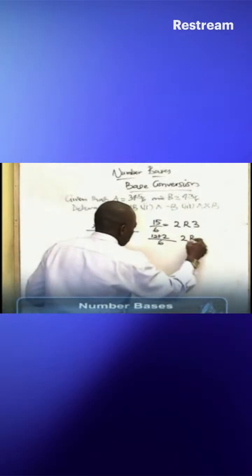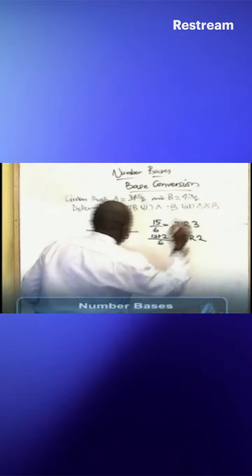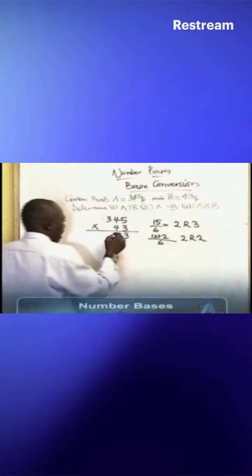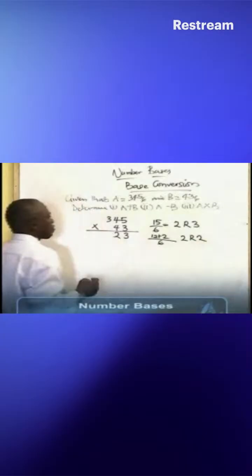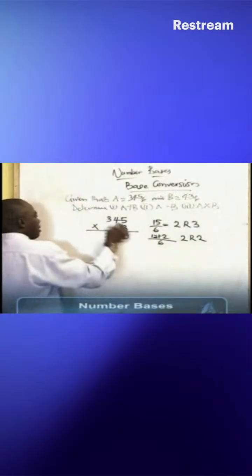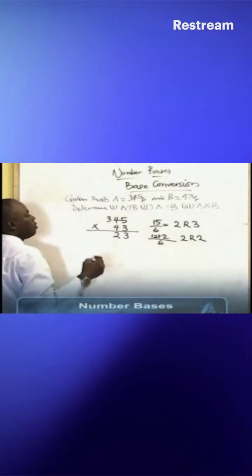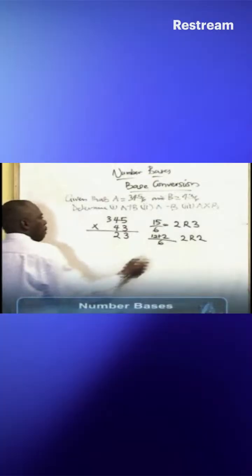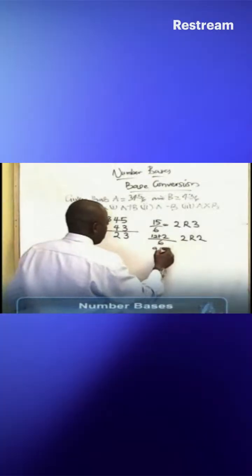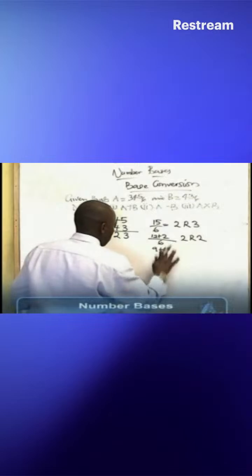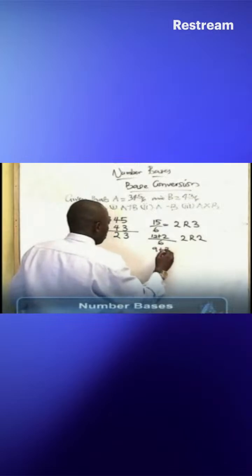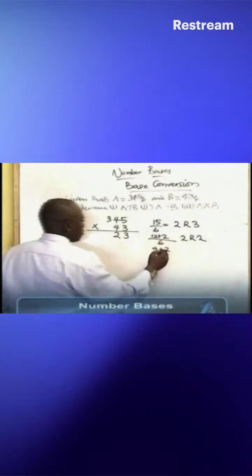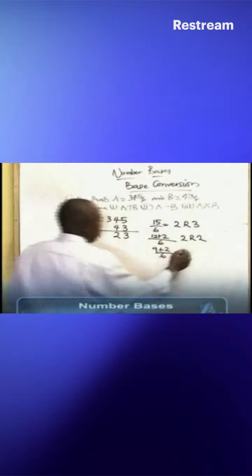You come here and write the 2. 3 times 3 is 9, plus these 2 that you are carrying will give you 11, divided by 6. That would be 1 remainder 5. So you first of all write the 5 and then you write 1.